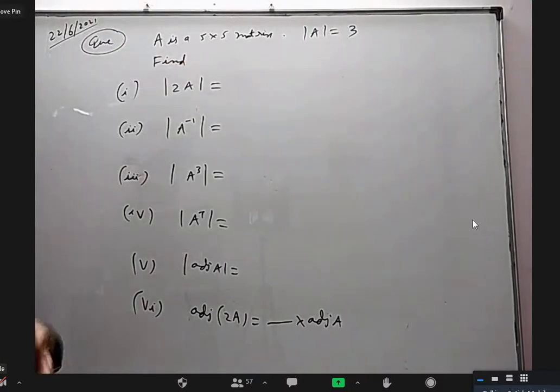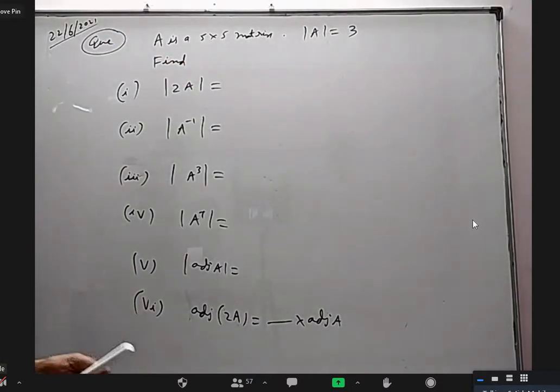Let us say, if you get somewhere 2 power 10, for example, you don't have to simplify it and can leave it also.